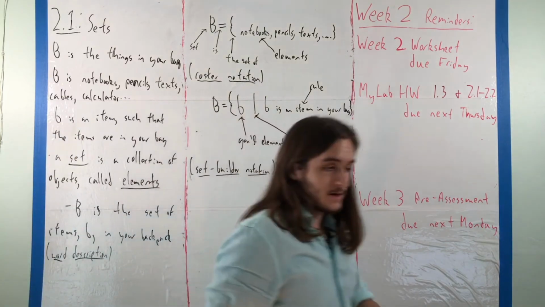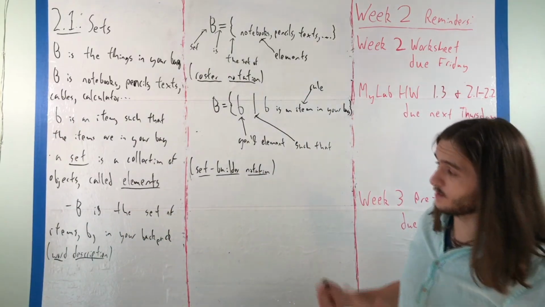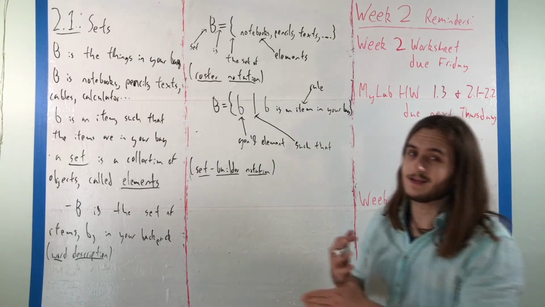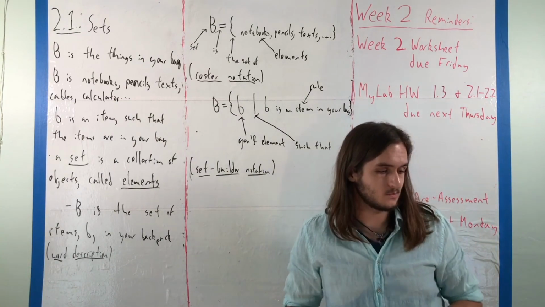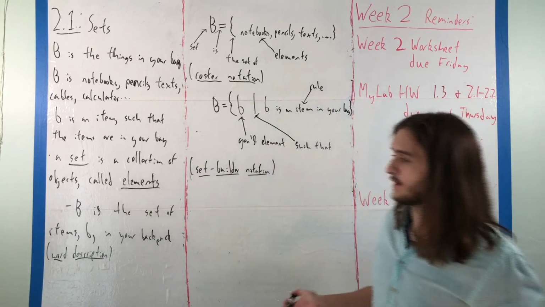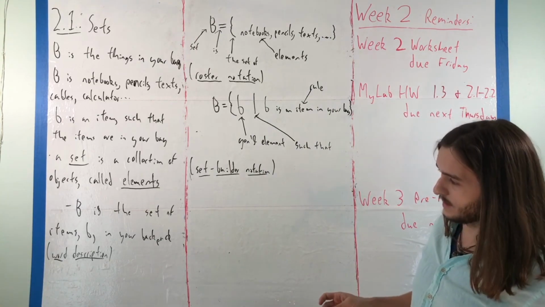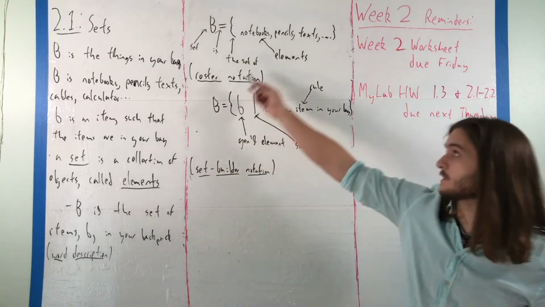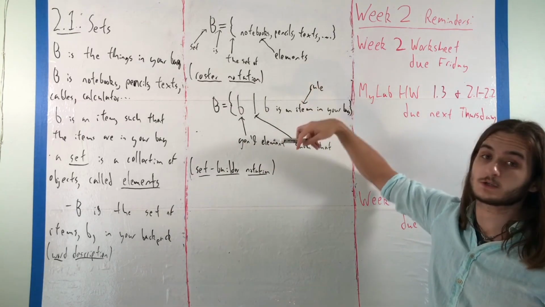So, for a set, you have three ways of describing it that all essentially do the same thing but have different notational quirks. In any case, what you're looking at is either describing it in words, listing everything, or describing the rule.